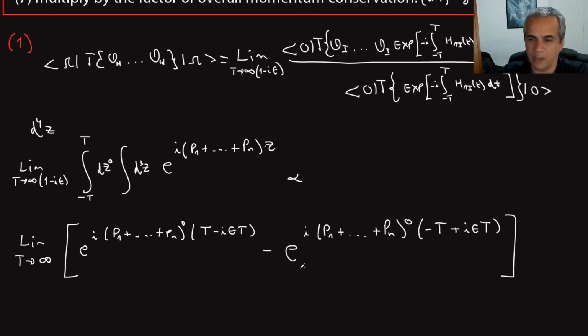So you see, just to make things less cumbersome, I can call this sum of all the momenta Q. The important point here is that this is a real number. That means that depending on the sign of Q, there's a real exponential here.